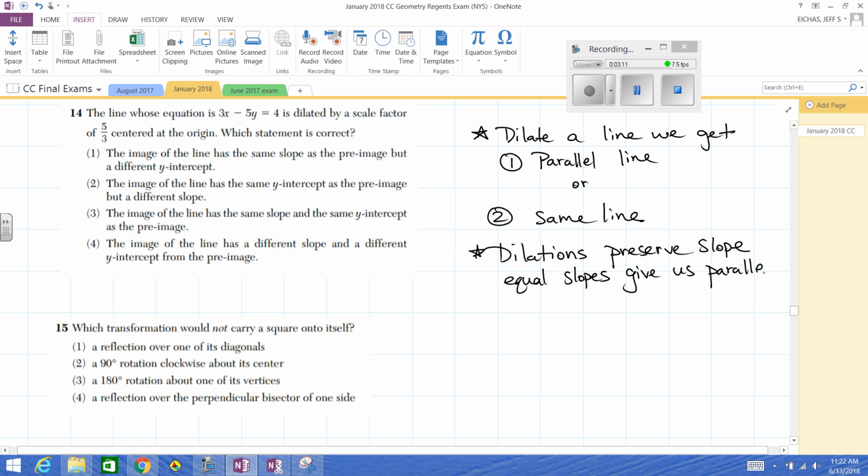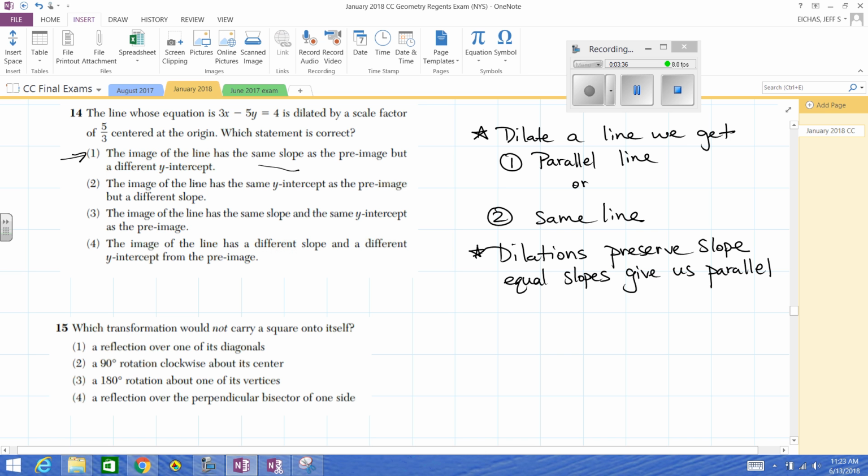So there's a lot of concepts that are tied together in this course, and if you know how to do that, it makes the course a lot less challenging because you don't have to remember quite as much. Now, if we read the choices, the image of a line has the same slope as the pre-image, but a different y-intercept. That's possible. That sounds okay.